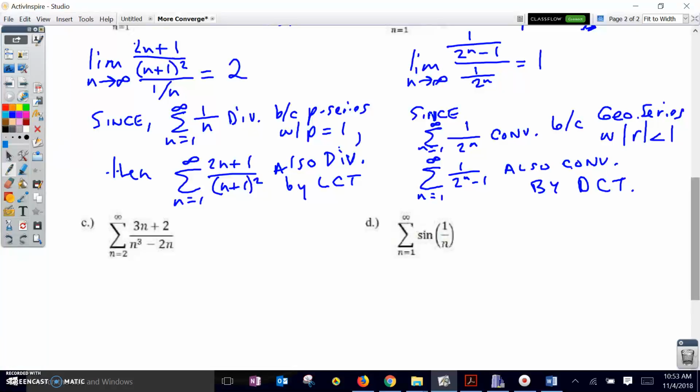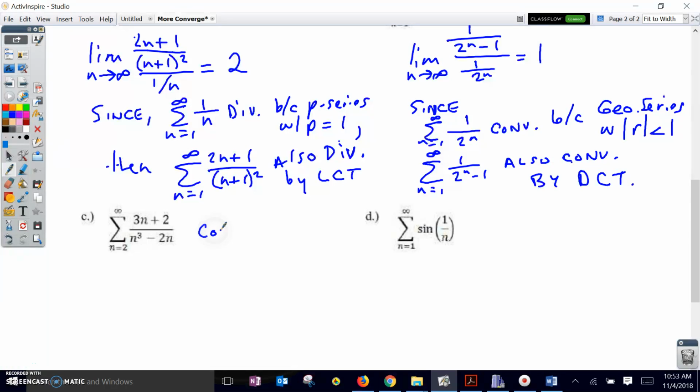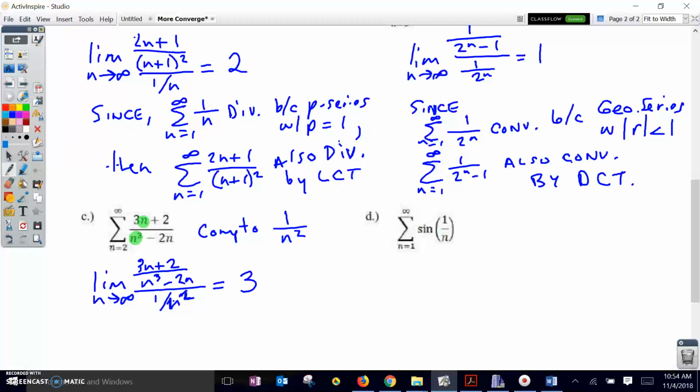Alright, I'm going to compare this to 1 over n squared. Again, I'm just using the largest power of the term in the numerator and denominator of the series that we're trying to show convergence or divergence for, taking that ratio, because then when I take this limit, it's going to be a finite non-zero value. And so that limit in this case is going to be 3.